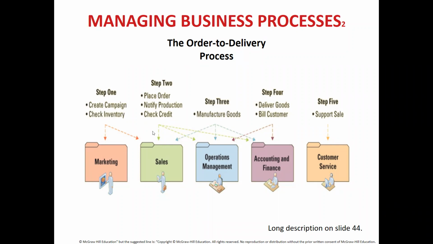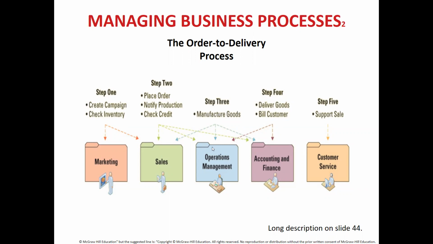Now check credit means if the customer already owes money to the organization, they'll decide whether to give the item to them or not, or they will alert them to pay first, and then they can purchase the item. Now, manufacturing goods, which is operations management. Probably this is one of the most important departments in the organization.